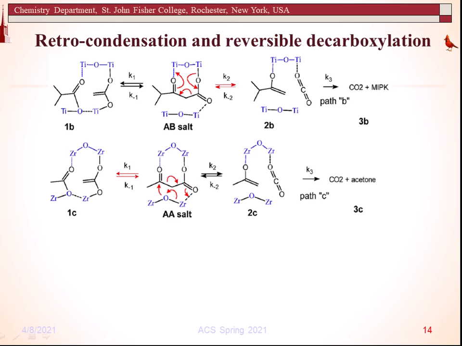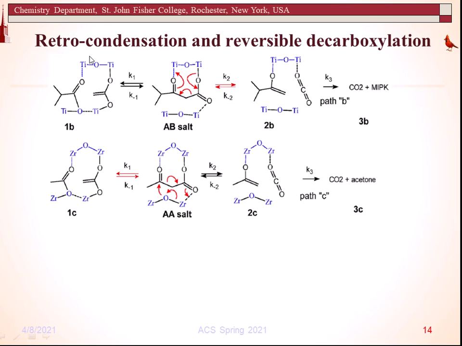Mass spectrometry analysis of the samples left after the decarboxylation showed presence of carboxylic acids on the surface. Clearly, it must be a result of a retrocondensation reaction, with the rate constant K1, and we have found that it is only a minor direction, happening from 2 to 8%.